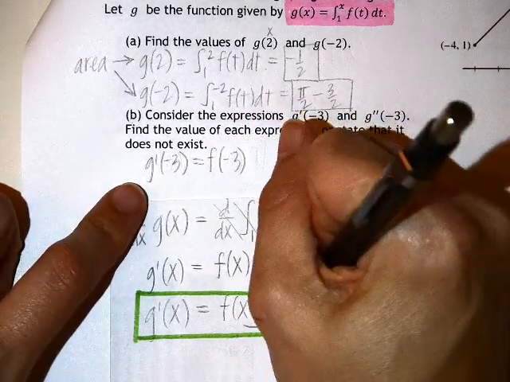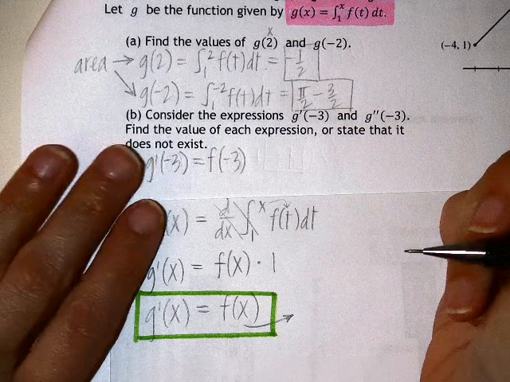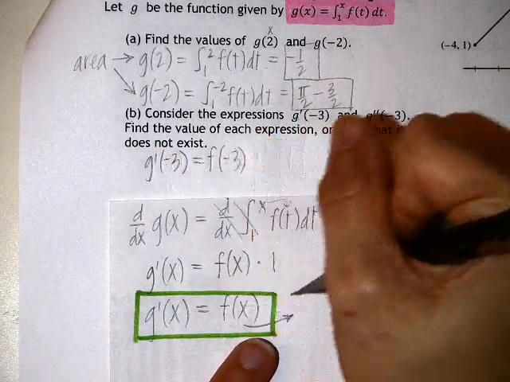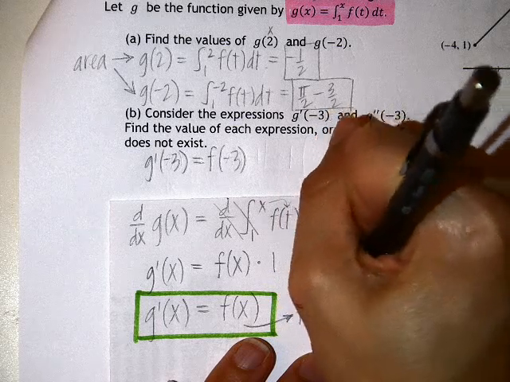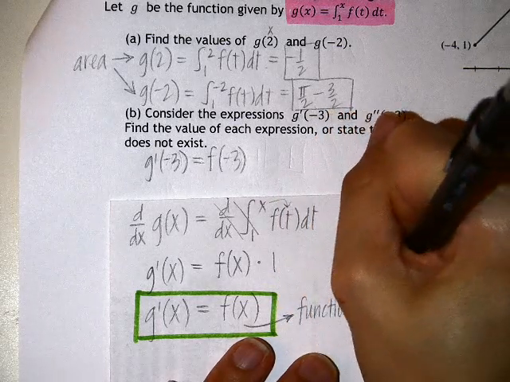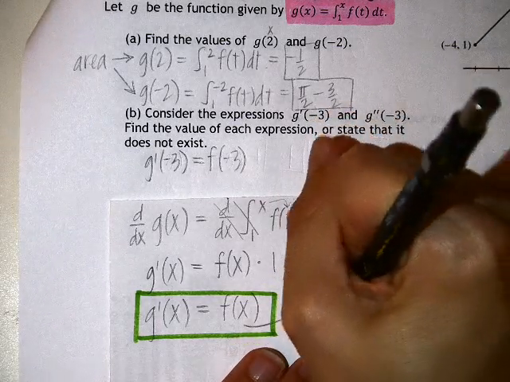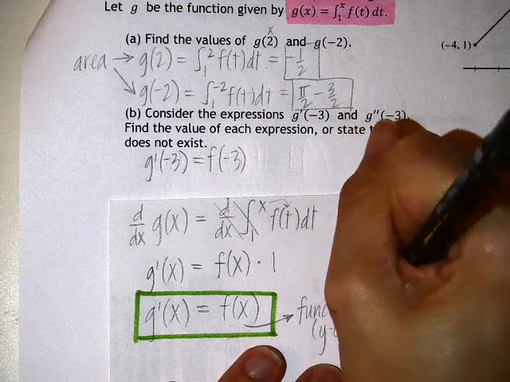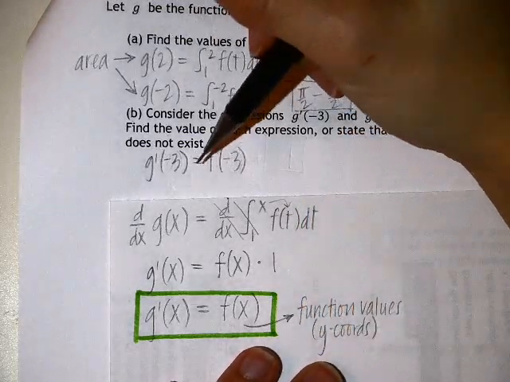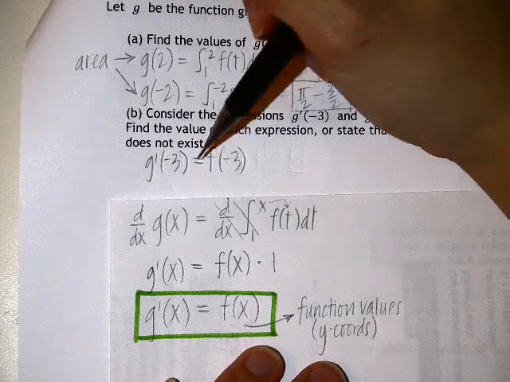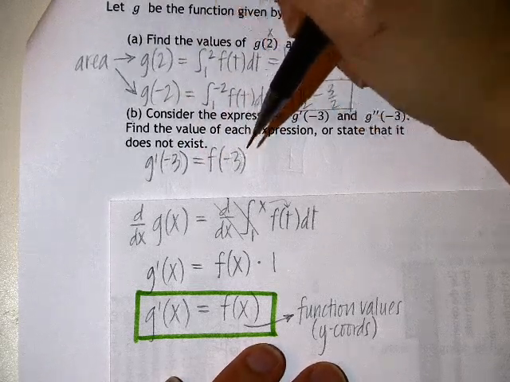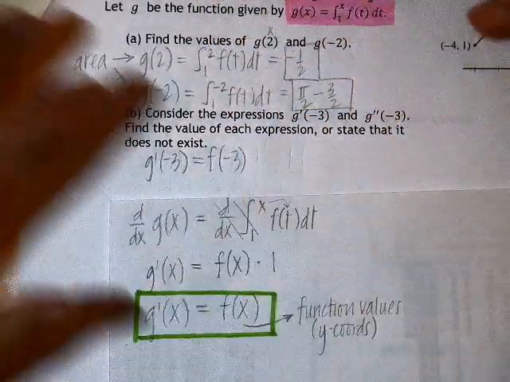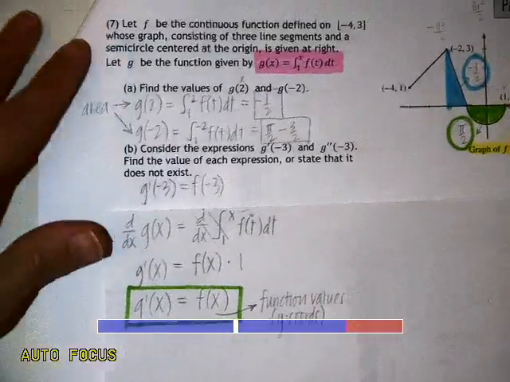One thing that we found about these questions, which makes things so easy, is that if you just have to find f of something, that's just finding function values. Some people call them y-coordinates on the graph. And if that helps, then you can certainly think of this question not as G prime of -3, but what's the y-coordinate on the graph at the x-coordinate -3. That seems to be a way easier interpretation, and that's something we can do.